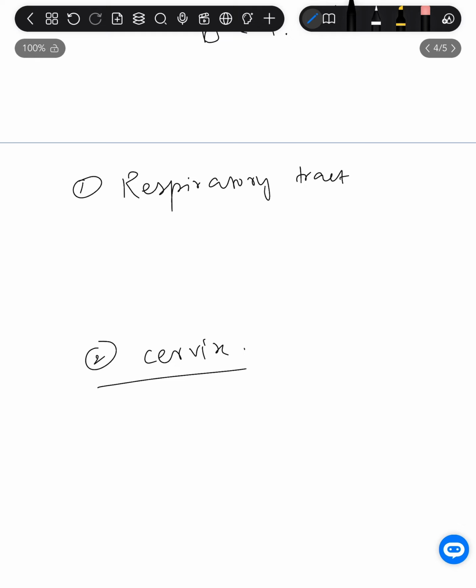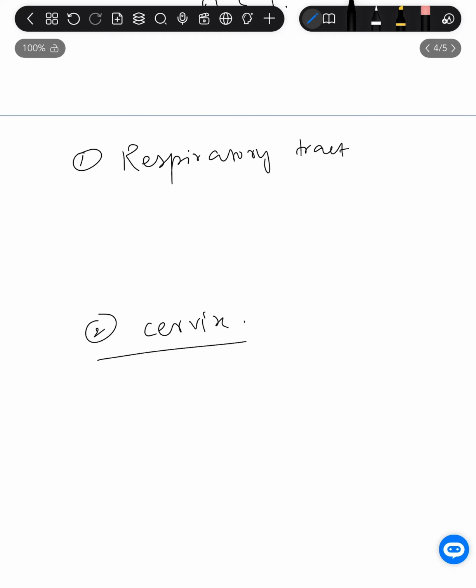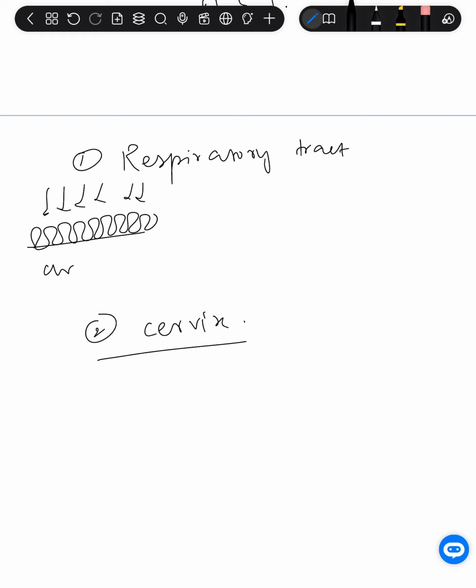In chronic smokers, the respiratory epithelium, everybody knows, is made up of pseudostratified columnar epithelium. Due to the continuous smoke, it goes into chronic irritation.